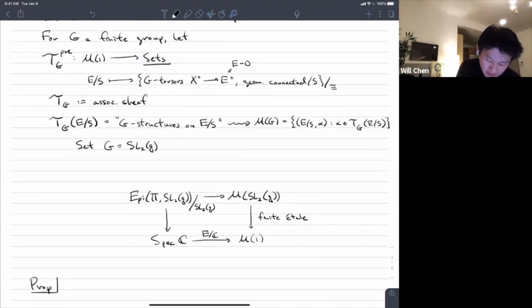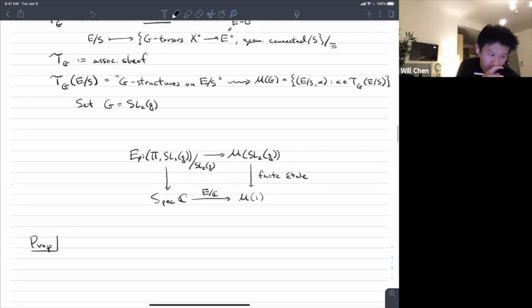Okay, so let's now specialize to the case where G is SL2 FQ. Actually, this picture is true for any G, but at least in the case of SL2 FQ, it looks like this. What you get is the moduli stack of elliptic curves with SL2 Q structures for any prime power Q. The natural map to the moduli stack of elliptic curves is finite étale, it turns out.